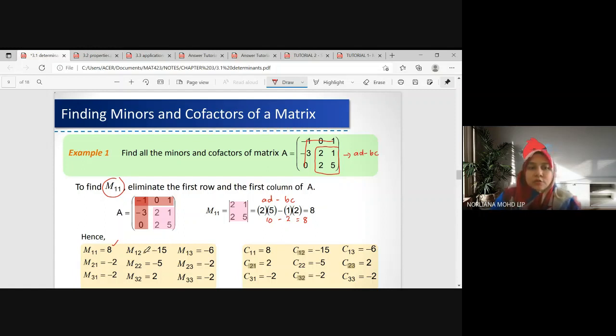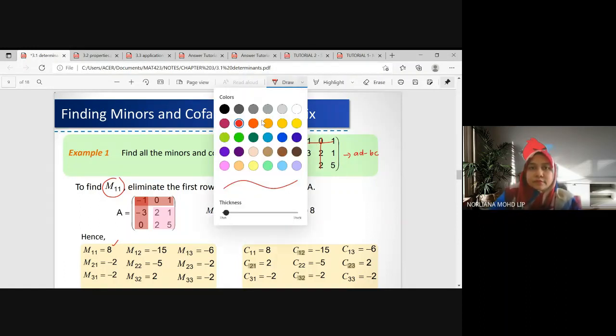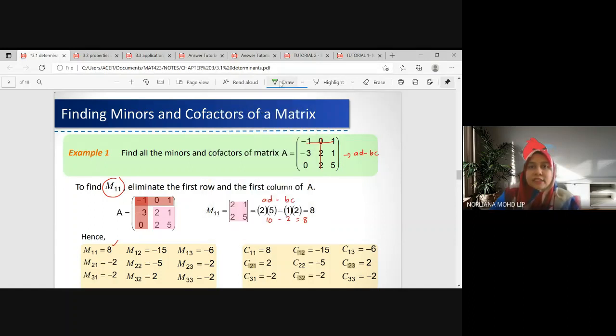Okay. How to find the minor M12? For the minor M12, we have to eliminate the first row and the second column. This one. We eliminate this first row and second column. Then we can find the determinant of this matrix. AD minus BC.